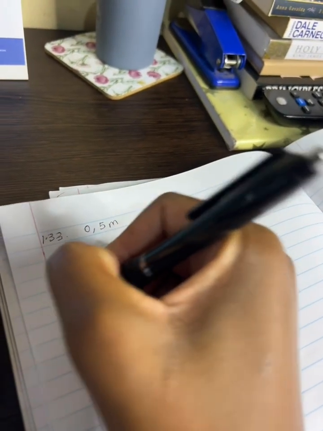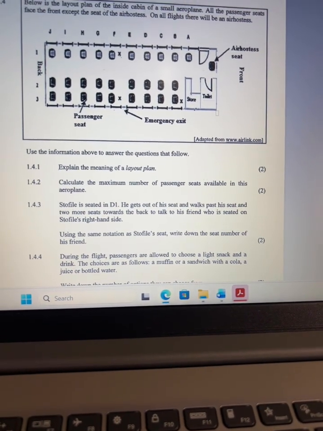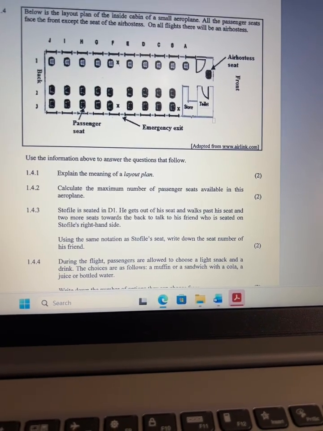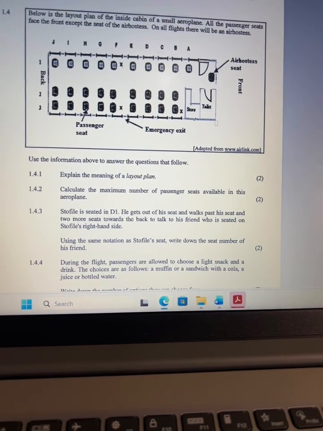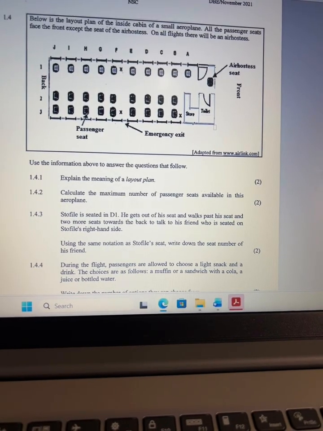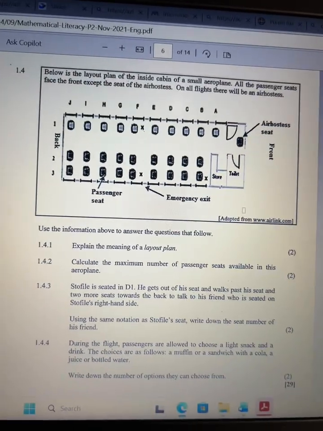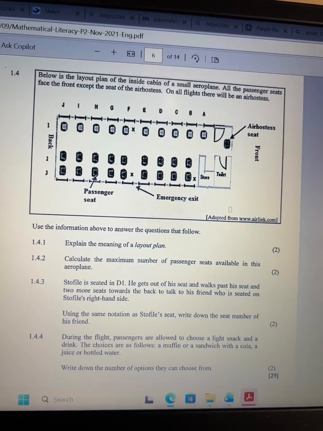Okay, 1.4.2, they said calculate the maximum number of passengers available in this aeroplane.